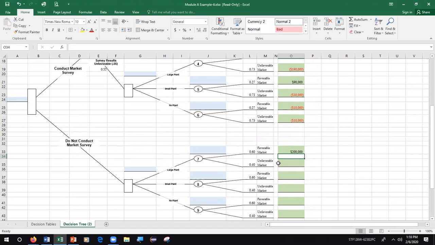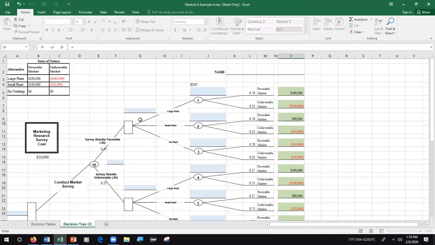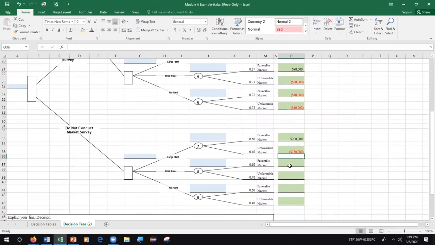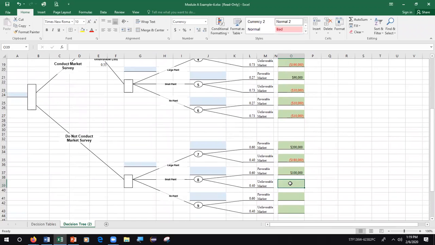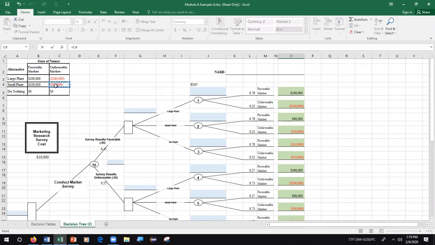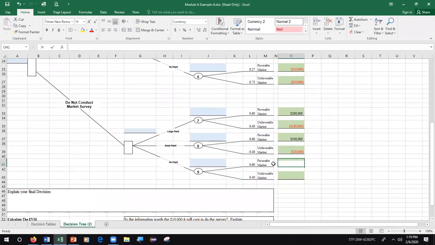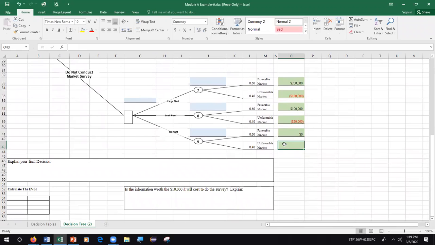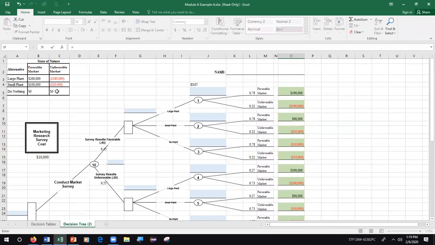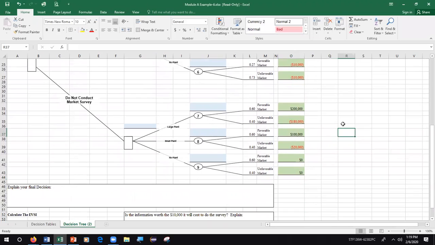And then they're all going to look just like we did before: this is large plant unfavorable, small plant favorable, small plant unfavorable, do nothing favorable, and do nothing unfavorable. So these numbers look like this. You see that? What you're saying?